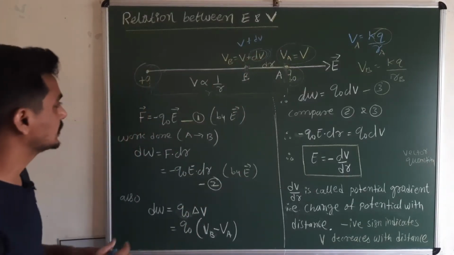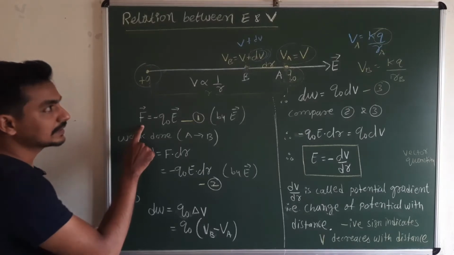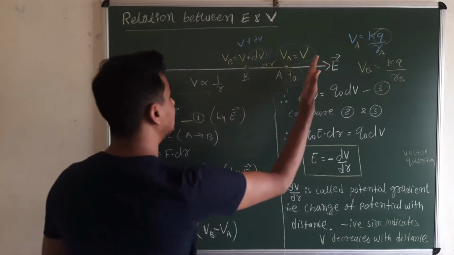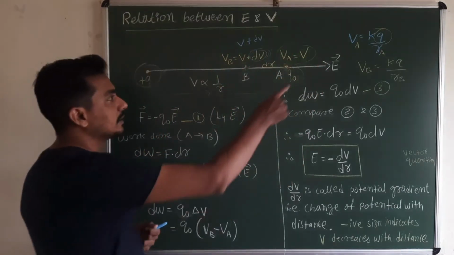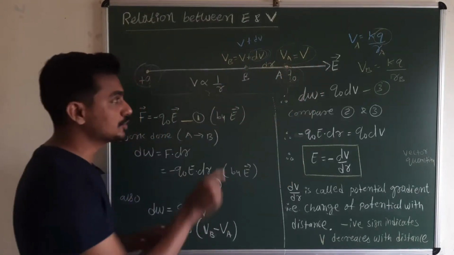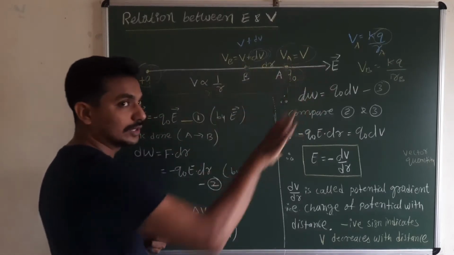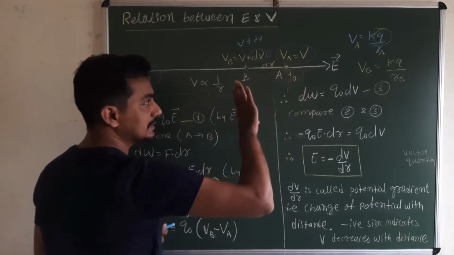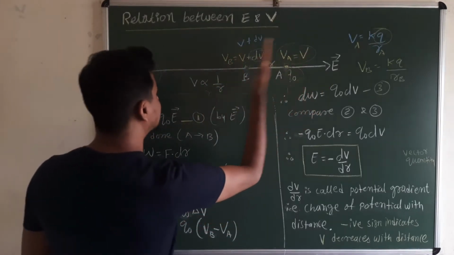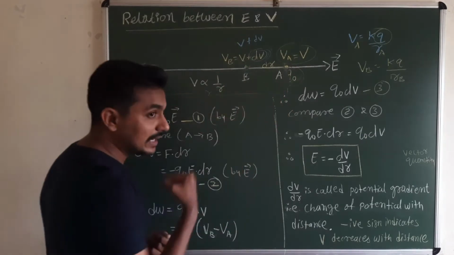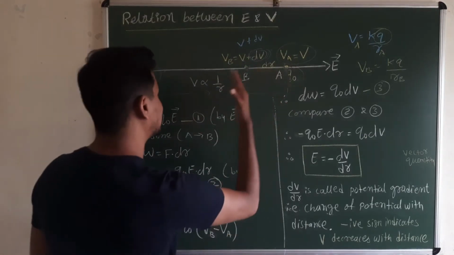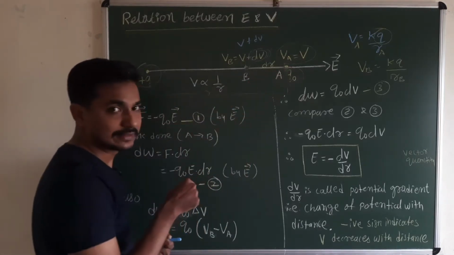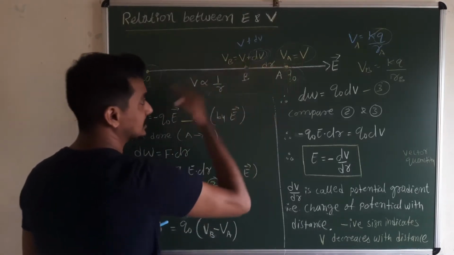When the charge is brought from this position to this position, we are applying force in this direction, but the force applied by the electric field is towards the right side, and the displacement is towards the left side.